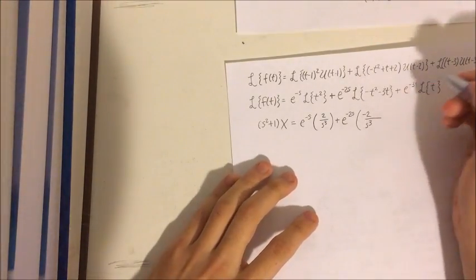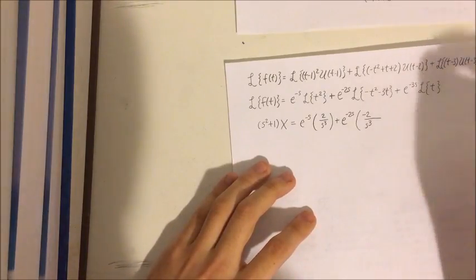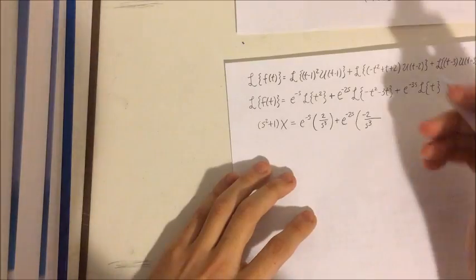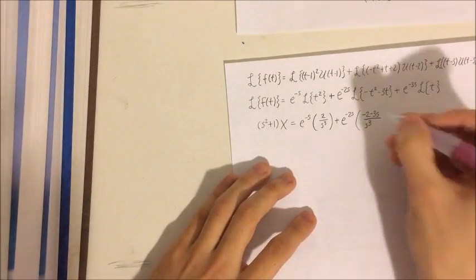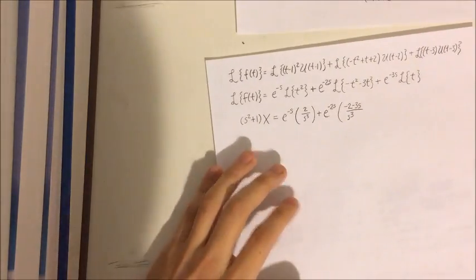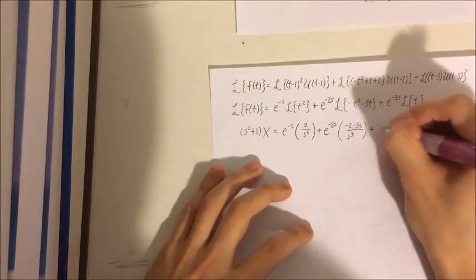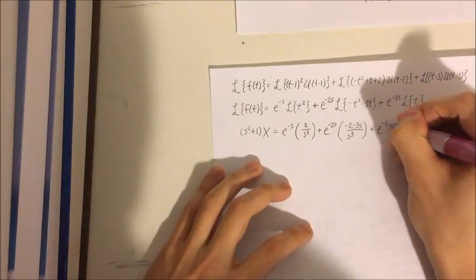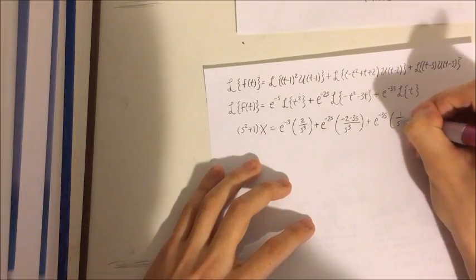Negative 3t, well, the Laplace transform of t is 1 over s squared. So if you multiply s on top and the bottom, and then multiply by that factor of negative 3, you get negative 3s over s cubed, or s squared. So that's this. Over here we have e to the negative 3s, and the Laplace transform of t again is just simply 1 over s squared.